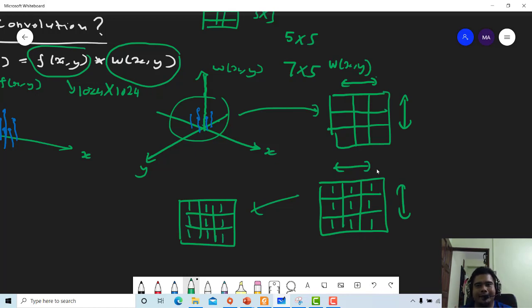So that's why we skip all of this. We ignore the flipping operation in two-dimensional convolution in image processing, because the filter coefficient is always in a symmetrical structure.